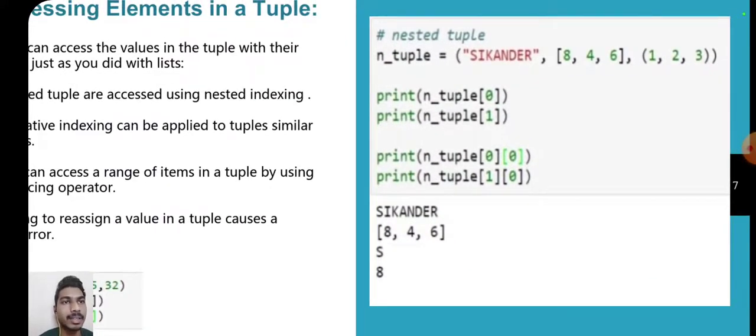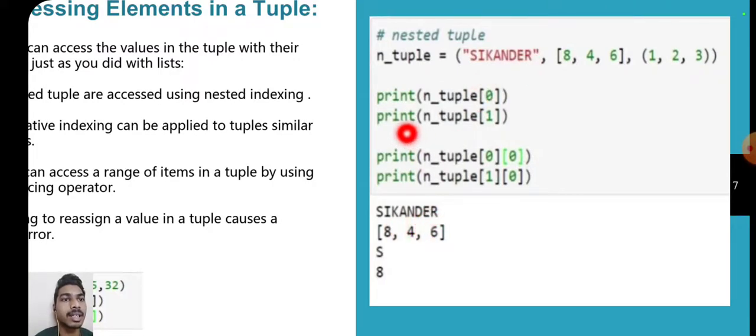Here is another example. It's a nested tuple: n_tuple is equal to a string, a list and a tuple. This whole string is considered as one index, this whole list as another index, and this whole tuple as another index. Print of n_tuple of 0 prints the first string, that is the string Sikandar.